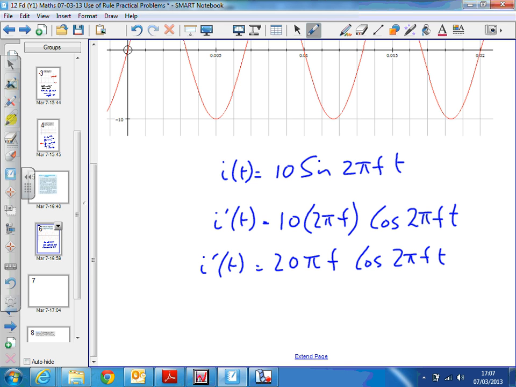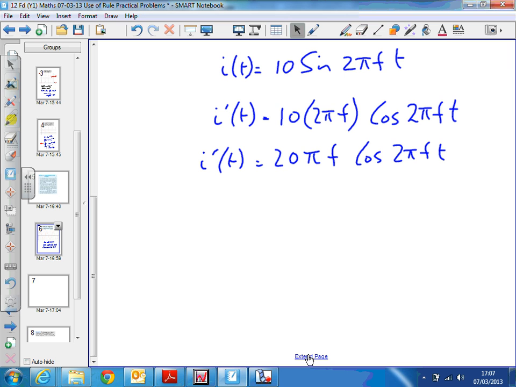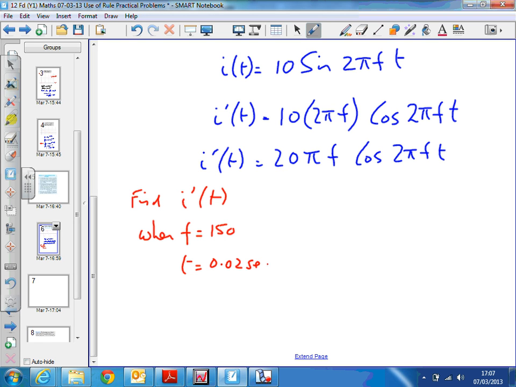We're now told that we want to find I prime t when f equals 150 and t equals 20 milliseconds, or 0.02 seconds.